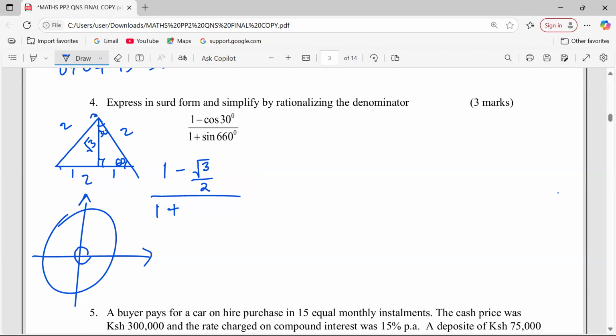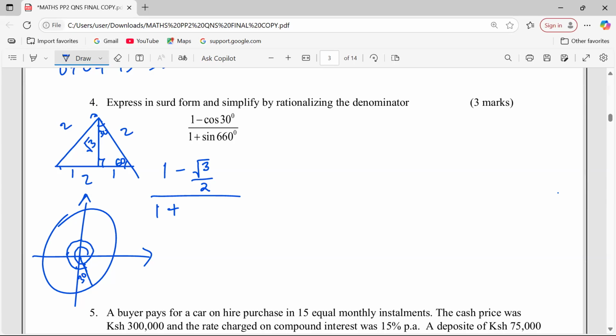When we add 90, we shall be at 450. When we add 90 again, we shall be at 540. When we add 90 once again, we shall be at 630. So for us to be at 660, we add 30 more degrees here.